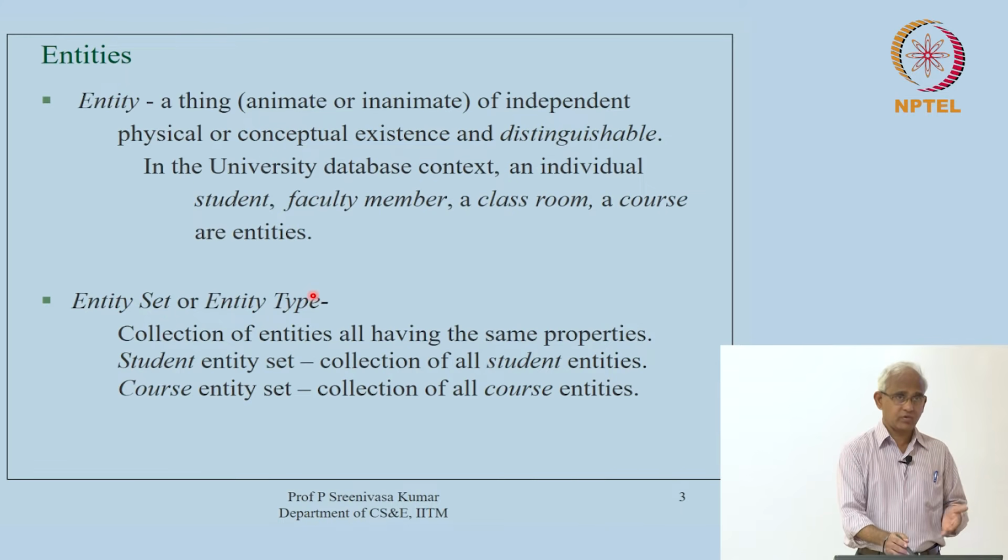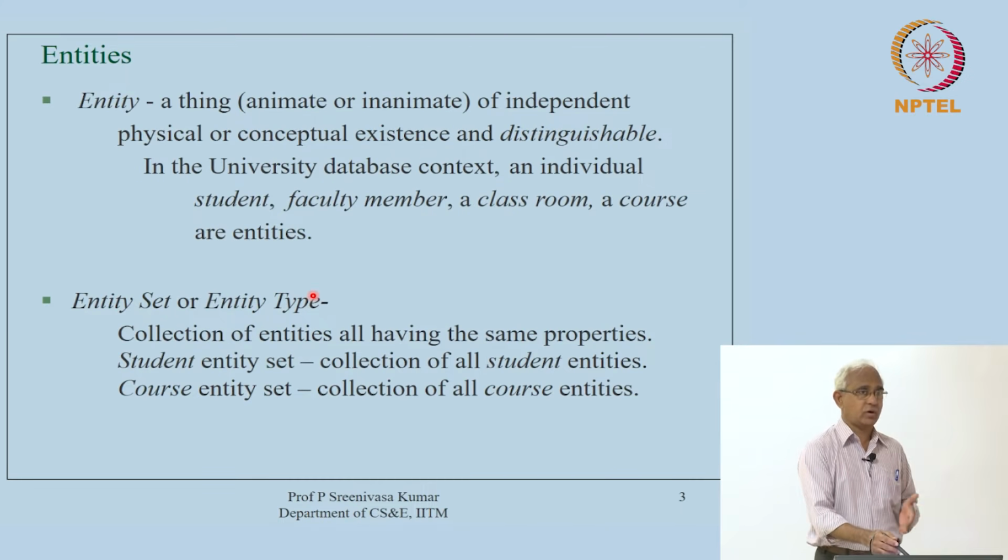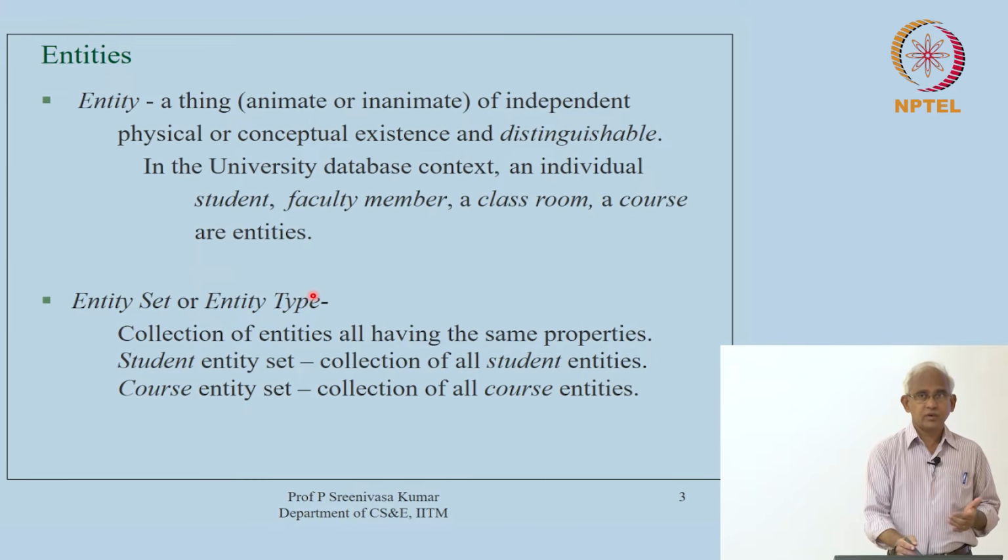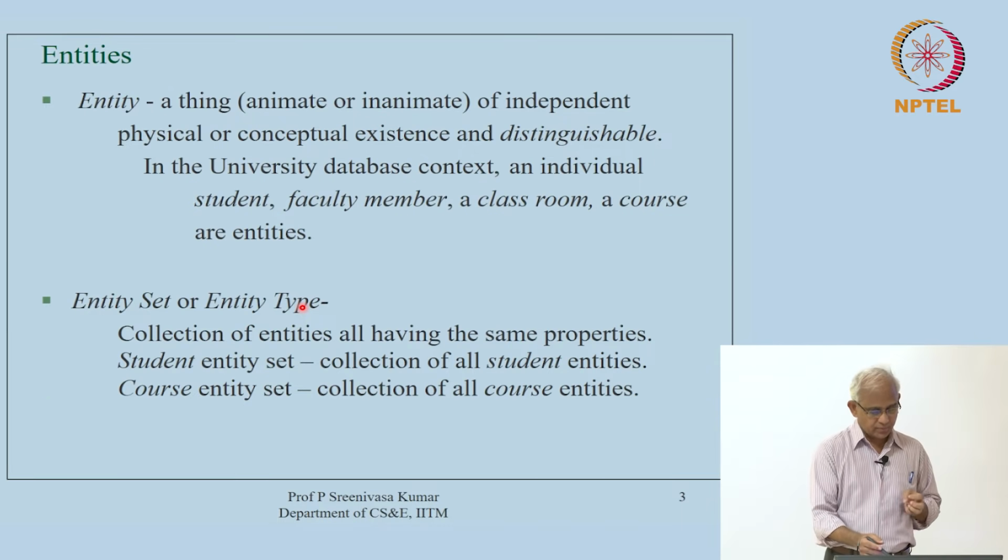This is a very familiar idea to us, because we have already been dealing with data types. Data types are nothing but collections of pieces of data, all of the same type, like integer data type, real floating value data type. Right. So, now we introduce entity type. All entities of the same kind are grouped together, and we call them an entity type.